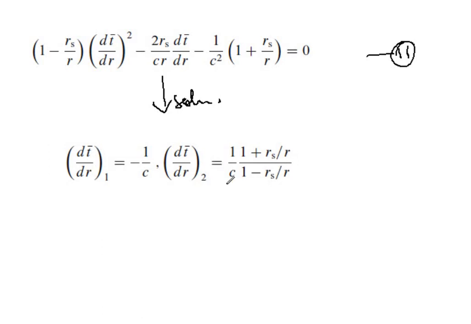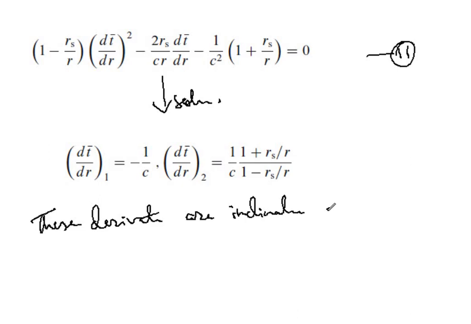Now you see, these derivatives are inclinations of the two radial boundaries of the light cone in an RT plane. I will just show you the diagram so that you can better understand it.